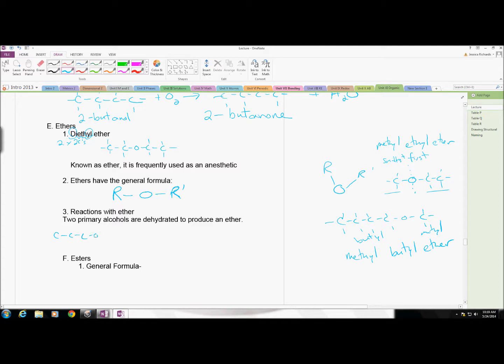So let's draw 2 alcohols. If I'm going to dehydrate it, I'm going to remove water. So if I were to remove a hydroxyl group and remove a hydrogen to make my water, that's going to leave me with 1 chain that has 3 carbons and 1 chain with just 2.